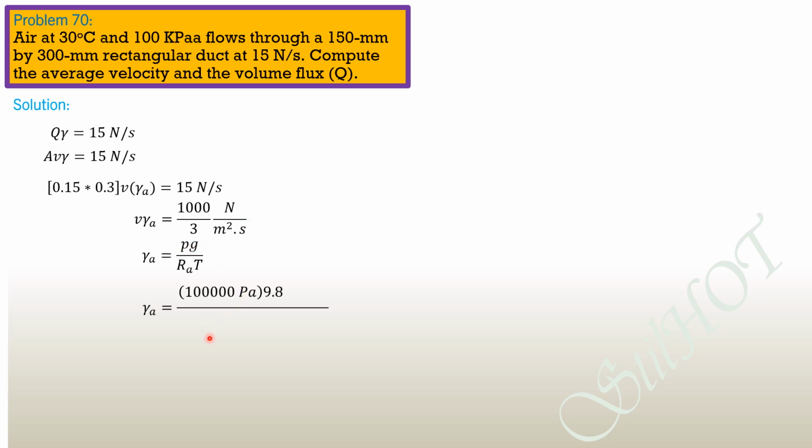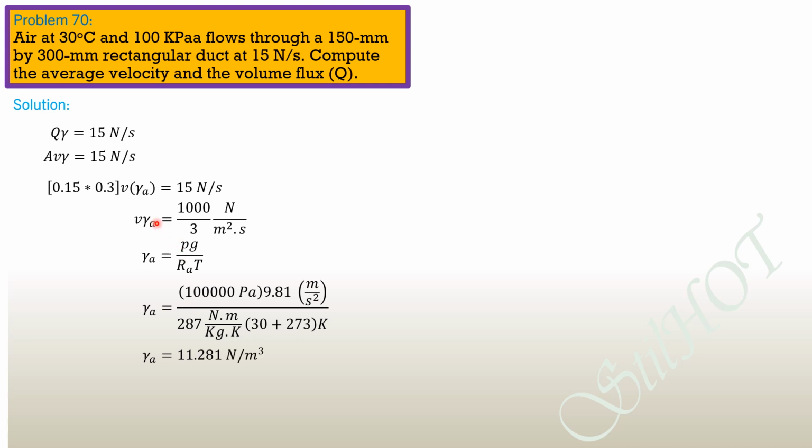Gas constant of air is 287 newton meter per kilogram kelvin, then times temperature in kelvins, 30 degrees Celsius plus 273, to convert that to absolute temperature. So computing for specific weight of air, it is equal to 11.281 newtons per cubic meter.